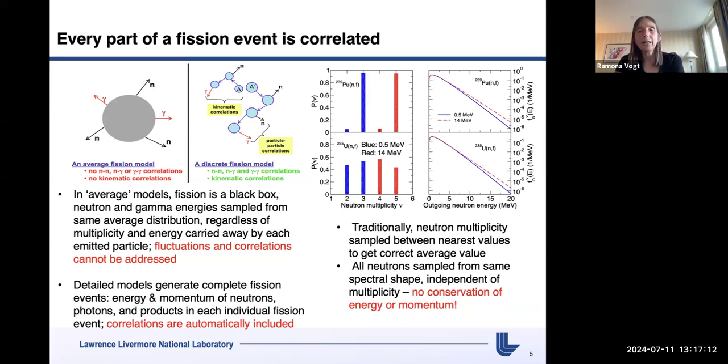So they would sample 2 neutrons and then 3 neutrons enough times that the average would be 2.4, which is not very useful. And those neutrons don't have any idea about the energies over here, or the energies of any other neutron. So a detailed model like Freya that takes into account energy and momentum conservation automatically includes such correlations.